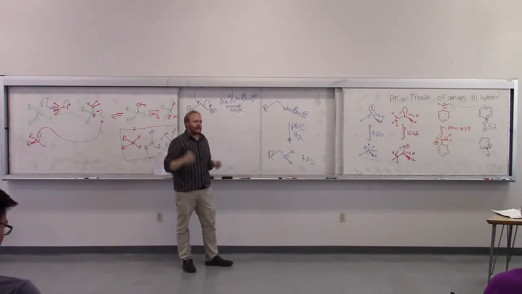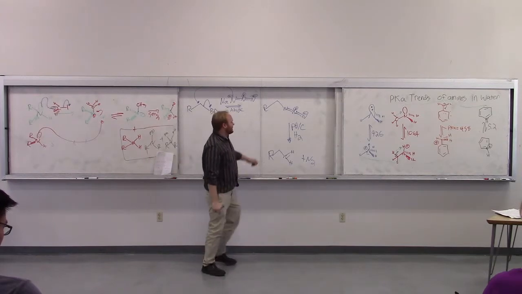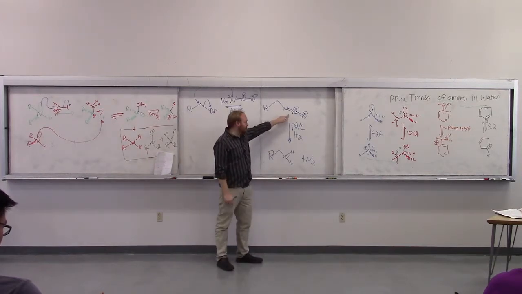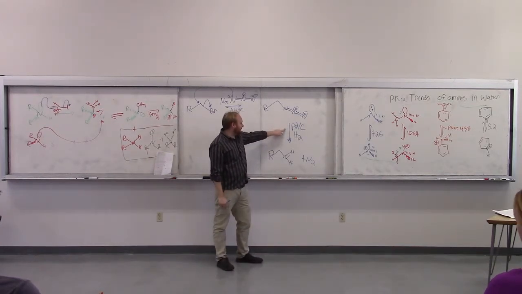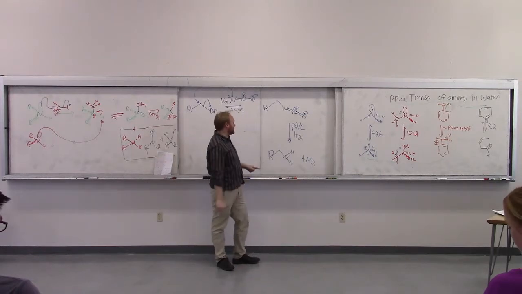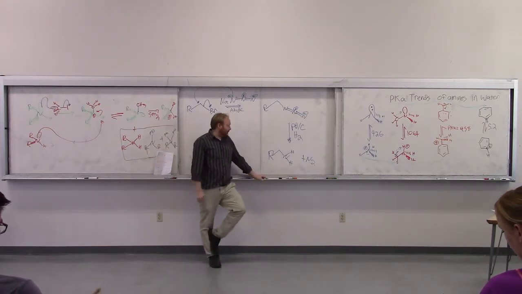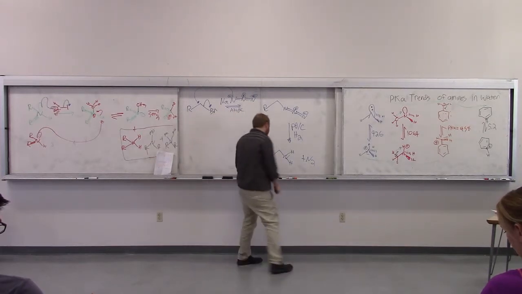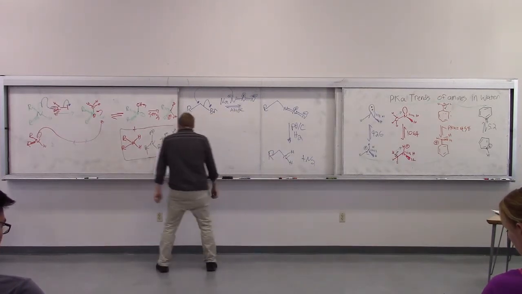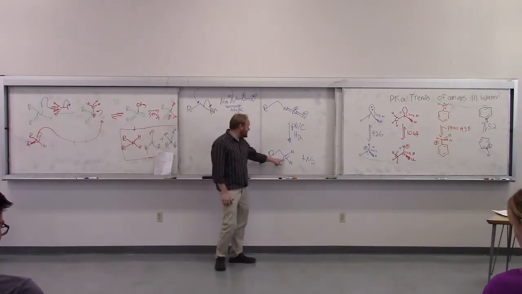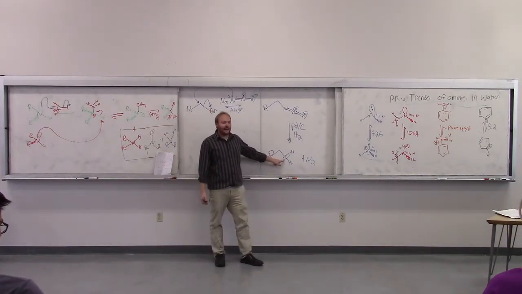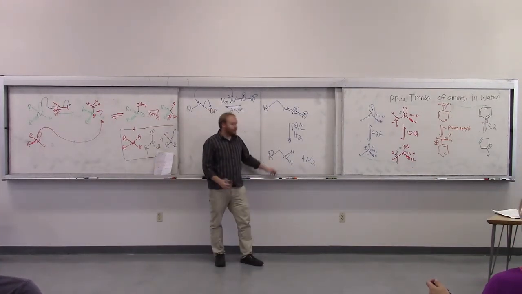So don't worry about the mechanism of it. Just realize that azide, which you can make using SN2 chemistry, plus palladium carbon H2 really nicely go to amines, primary amines. So this is nice in that it gives you a primary amine.